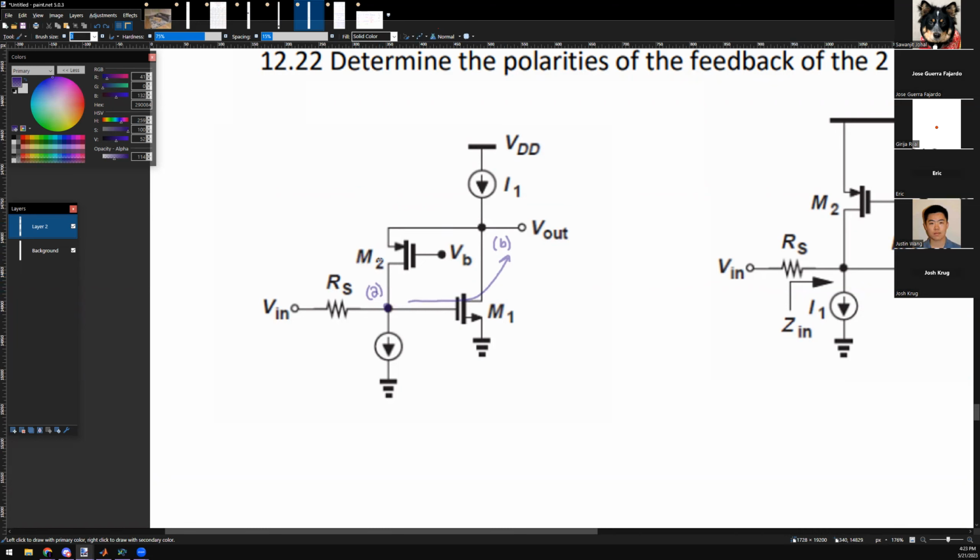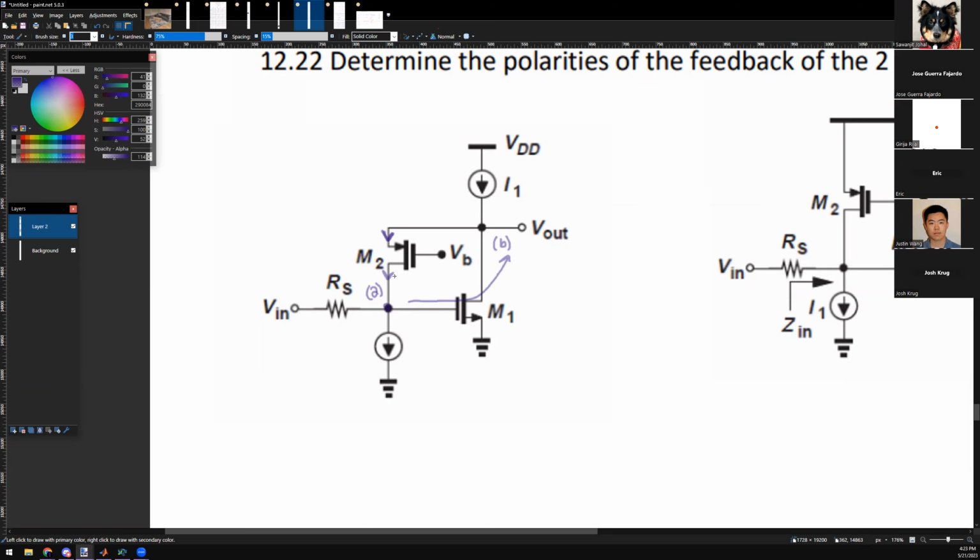And you go through M2. You're going into what of M2? The source. And you're going out of it, the drain. Is that illegal? Read the question, don't read my tone. Are you allowed to go into the source and out of the drain? The answer is yes.